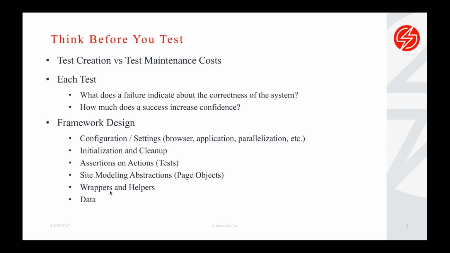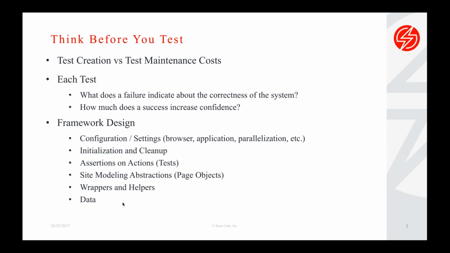A good framework is going to provide a place for everything and have an obvious place for you to go to if something needs to change. So the idea is that you don't repeat things in many places and you know exactly where to go when something changes and you need to maintain it. And if you've got the same information in a lot of places, or if one change to a site in one place requires you to change a bunch of things in your framework, then your framework is not helping you as much as it could.